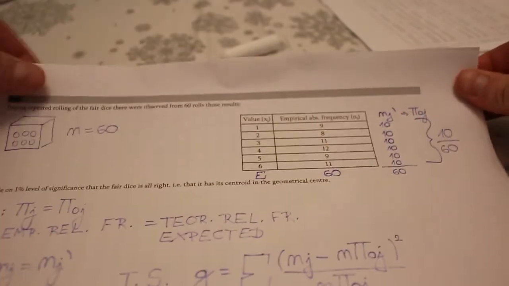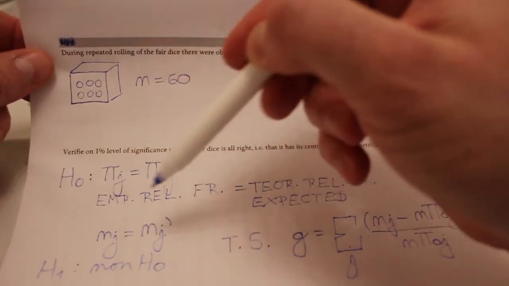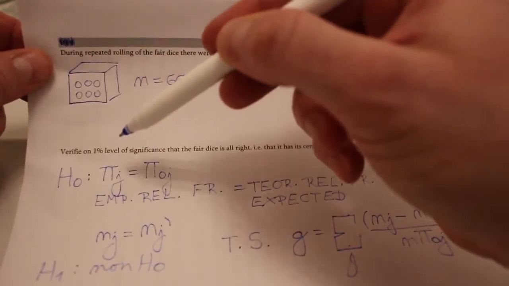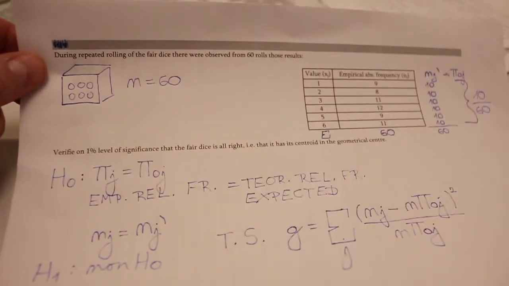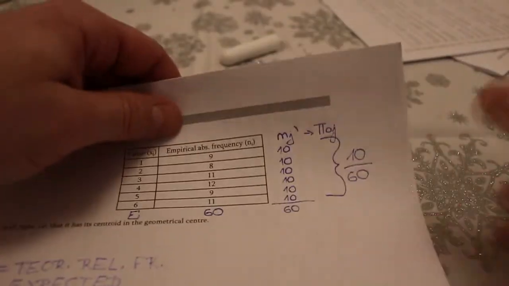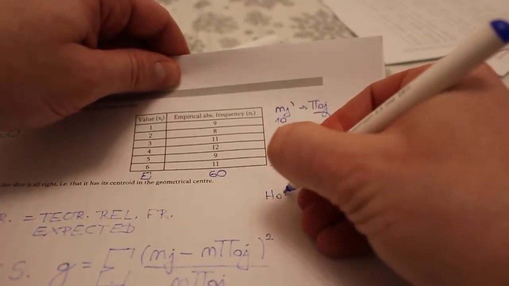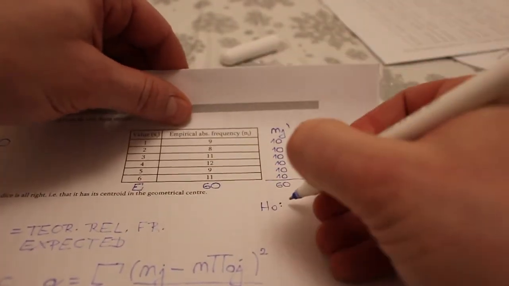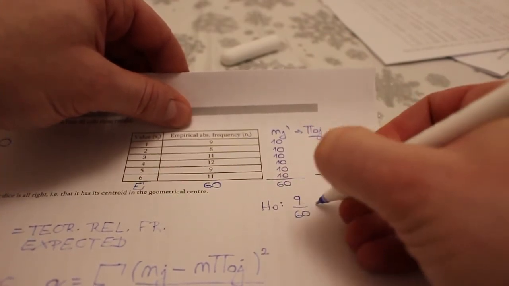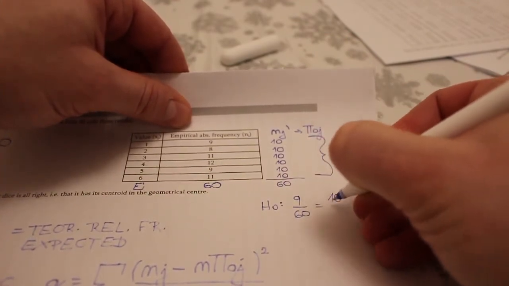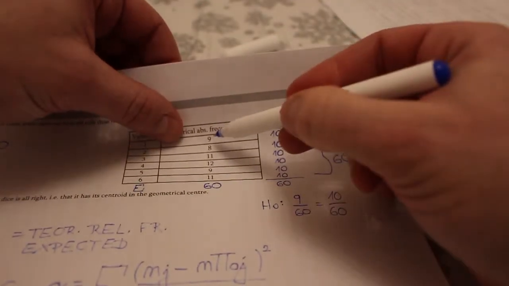So, what is written here in this zero hypothesis? There is written 6 times something because you have here the index j. In the zero hypothesis, there is written that 9 divided by 60 is equal to 10 divided by 60. Can you see this value 9?